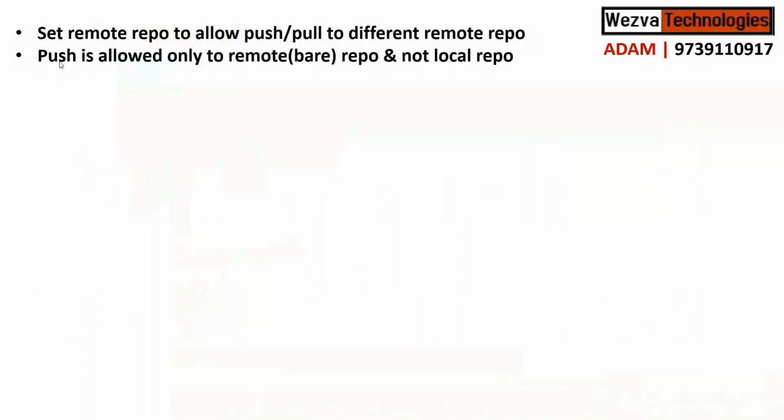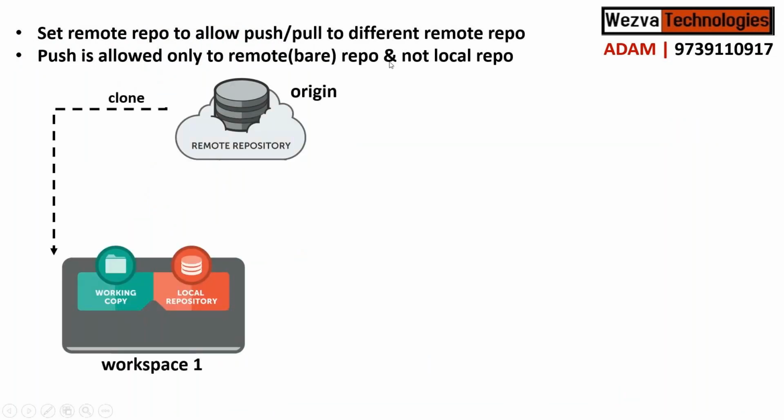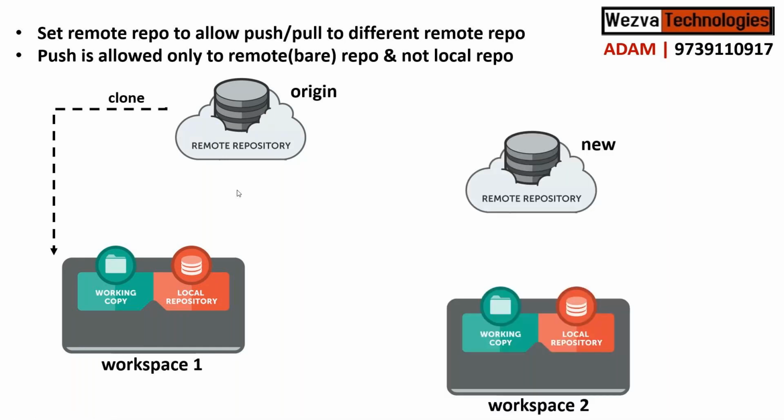So for this, what happens by default so far? There was a remote repository, which is what we call the origin remote repo. You do the clone, and once you do the clone, you will be getting everything here. Now in this, we were trying to do the push or pull from the branches of your local workspace to the remote repository of the origin. That is how it was working. But in Git, you can actually choose to push or pull to other repositories also.